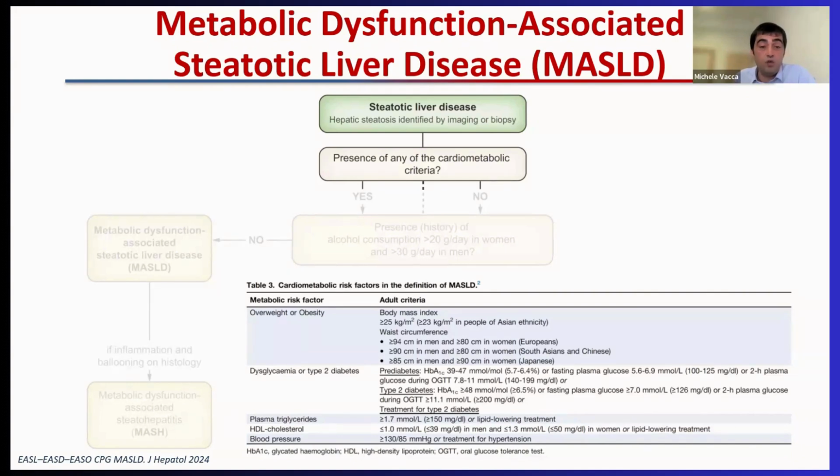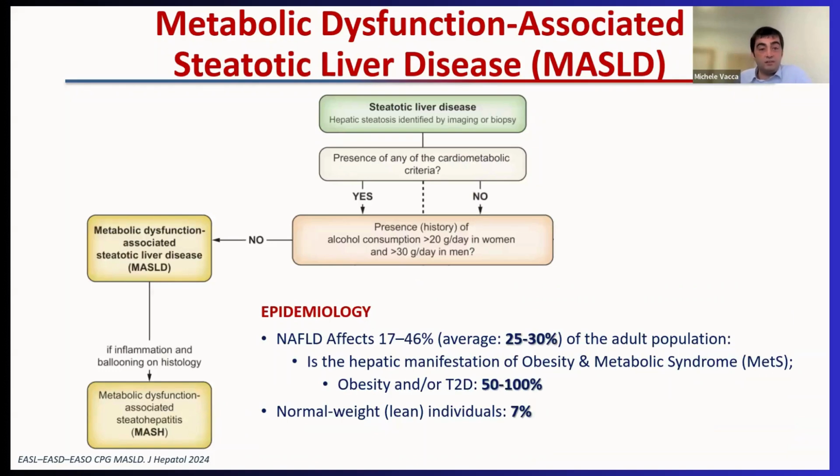If we identify a patient that either at biopsy or by imaging has steatotic liver disease, and there is the presence of any of the cardiometabolic criteria, such as overweight or obesity, changes in glucose metabolism, increased triglycerides, low HDL, or increased blood pressure, namely the old definition of metabolic syndrome, we can define metabolic dysfunction-associated steatotic liver disease if the alcohol intake is below certain thresholds.